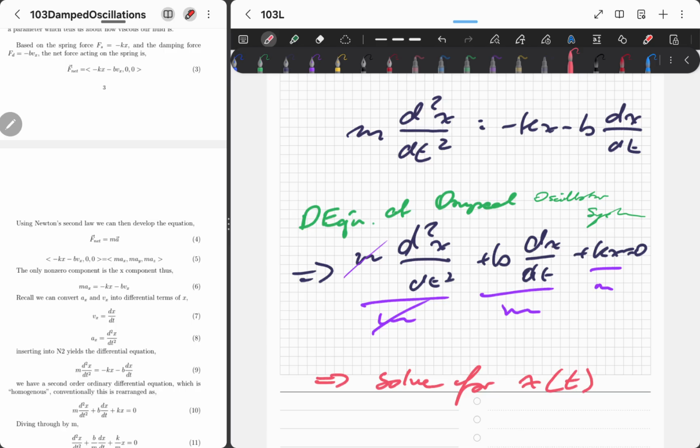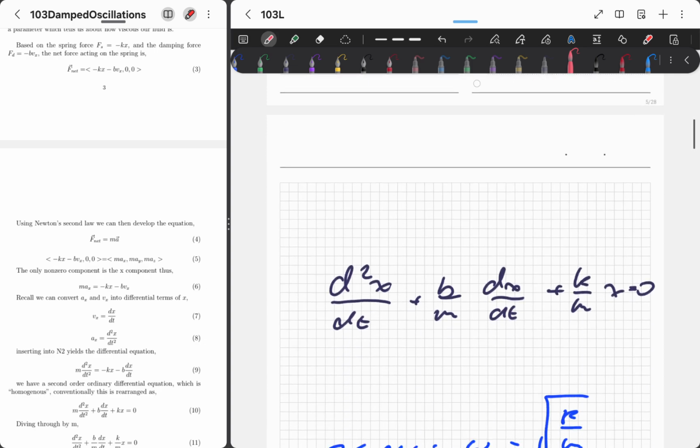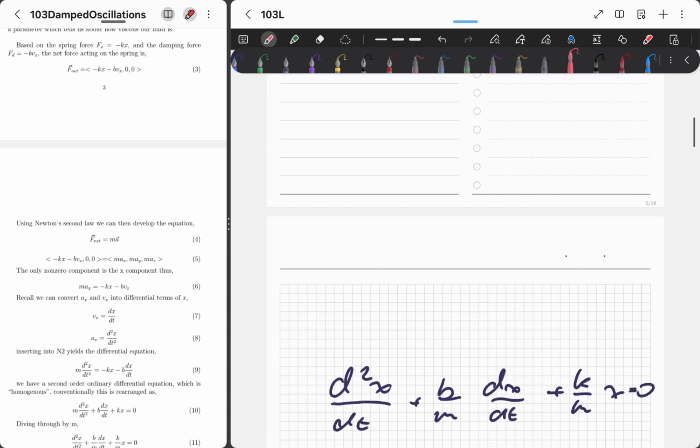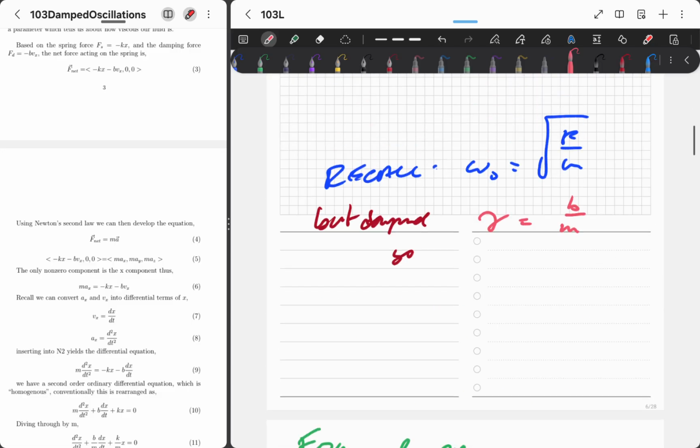Okay? All right, so what about the coefficients? b over m, k over m. We don't have to do this, but sometimes we rewrite them, or we will, for the most part, rewrite them in terms of other things. Remember, k over m is related to our frequency for the ideal spring. So the square root of k over m, it's no longer our angular frequency, but it is important.